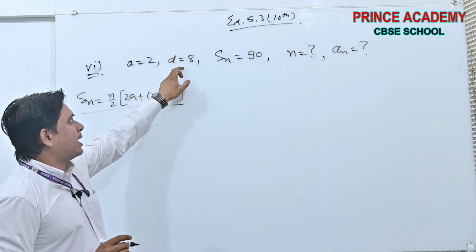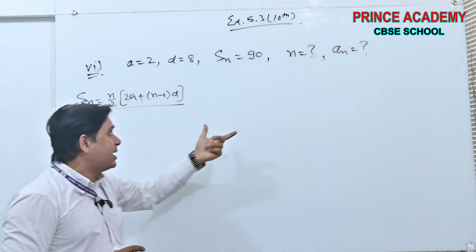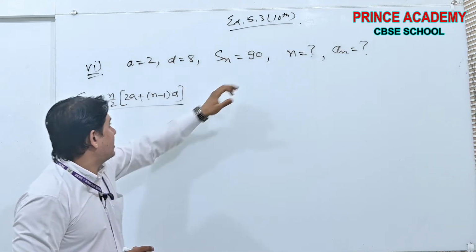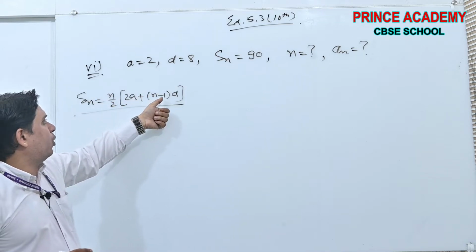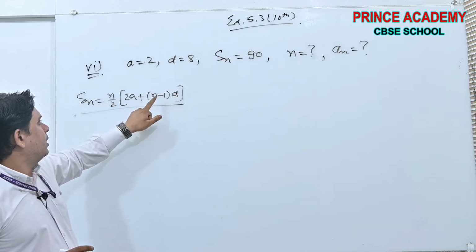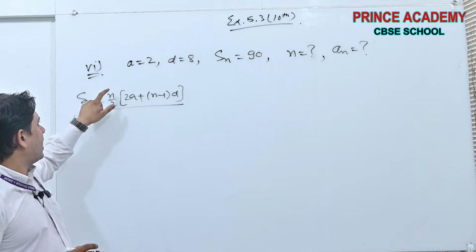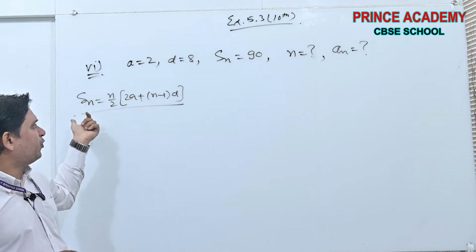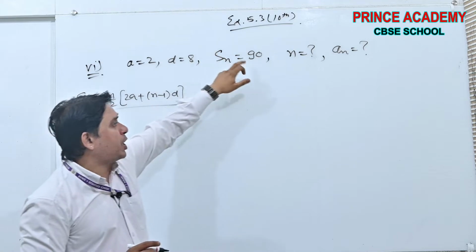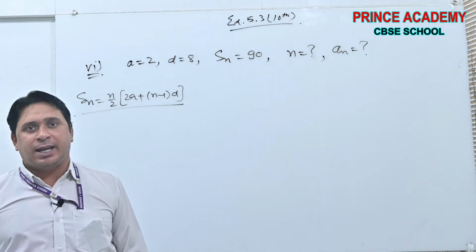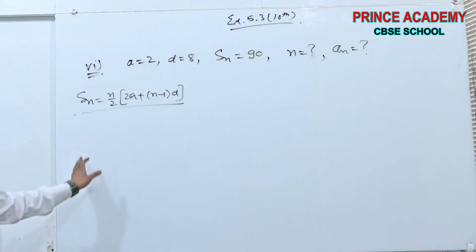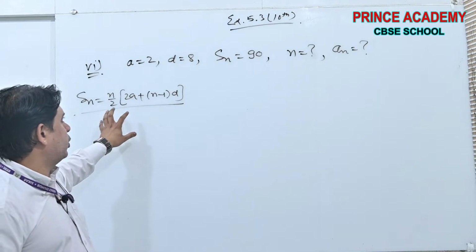Here two variables are known and n is asked. It means out of 4 variables, 1, 2, 3 are given. The fourth can be easily obtained. Okay, beta. You will use this formula here.